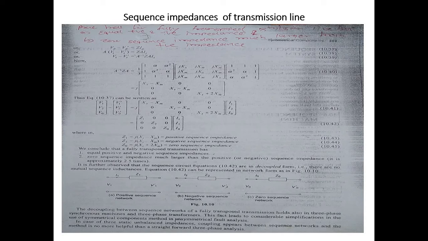Negative sequence impedance Z2 is given by J in bracket XS minus XM, and zero sequence impedance is given by Z0 equal to J in bracket XS plus 2XM.